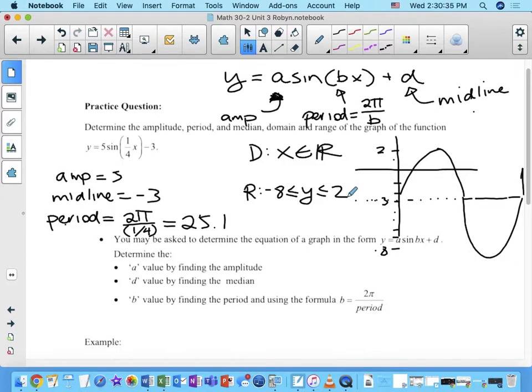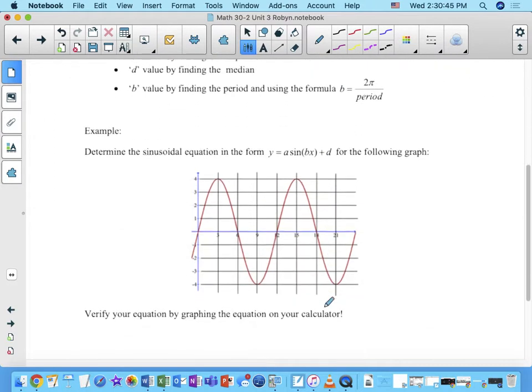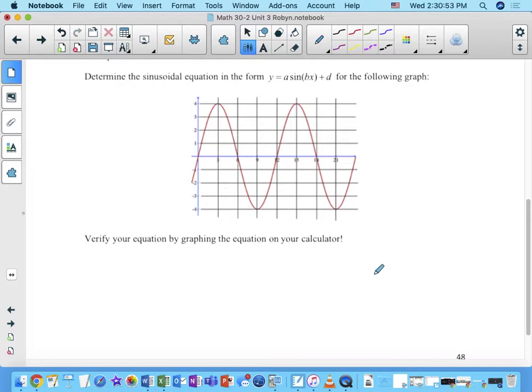Okay? All right, so we did some analysis here where we had a function and we had to determine all of these things about it. Now we're going to go the other direction. We have a graph and we have to come up with an equation for the graph. Okay, so determine the sinusoidal equation in the form y equals a sine bx plus d for the following graph.